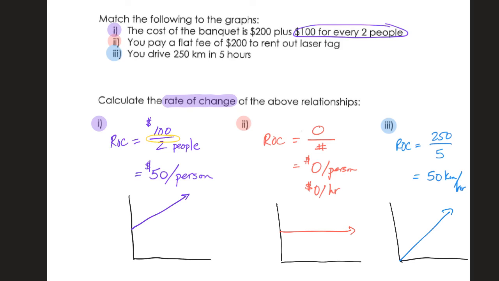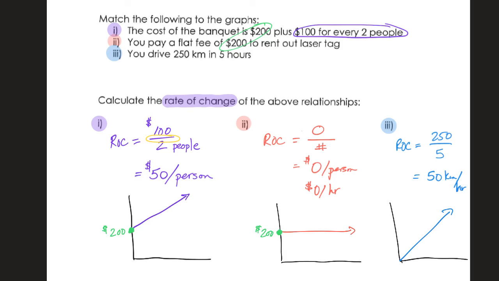I want you to notice a couple quick things. First off, do you notice that this starting point on your one graph is the same as your starting point on the other graph? Why? Because they both represent that starting amount of $200. Now that we knock that out of the way, I want you to take a look at your rate of change.